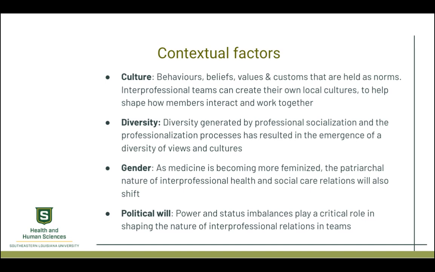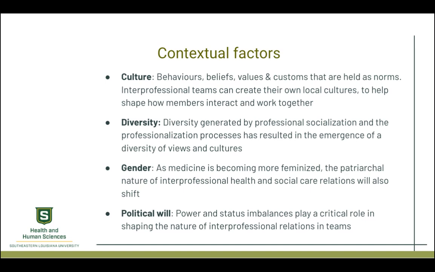For example, if you have an interprofessional team that is mainly made up of people with very little political will, no matter how great the suggestions they are making, the management may just decide, you guys don't matter enough for us to do this.